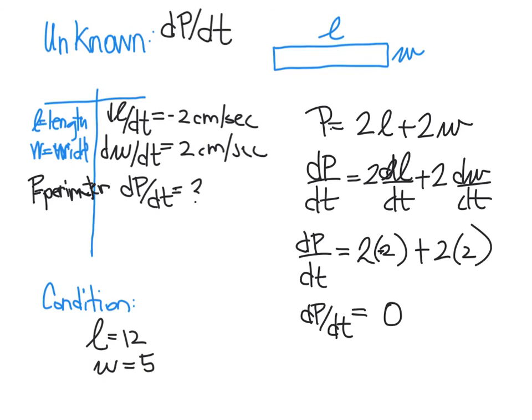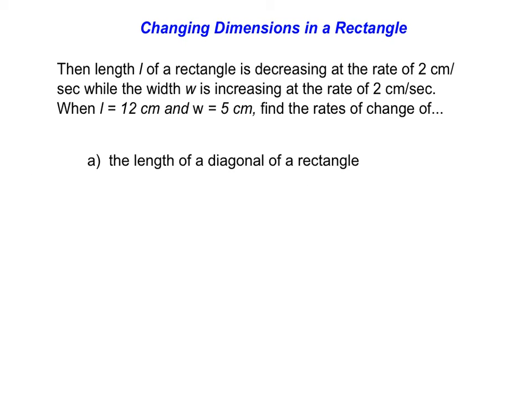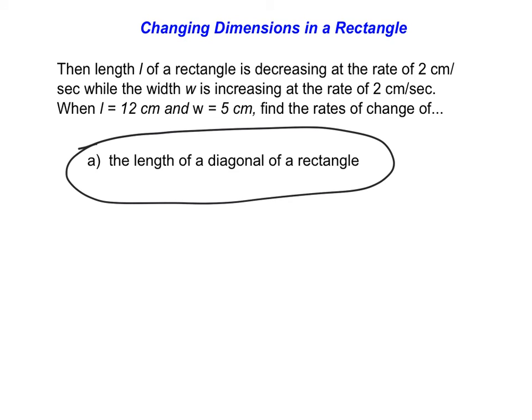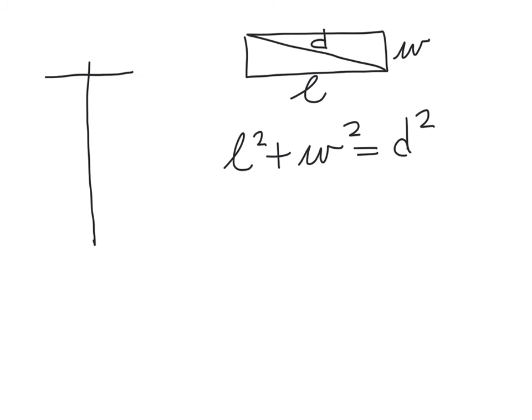Okay, moving right along, last scenario. So you can see in this problem now, you have to find the rate of change of the length of the diagonal. Stop the video and then check your answer. Okay, so I didn't rewrite everything because we know the facts are still the same. The only thing that changes really is our formula because we want to use the Pythagorean Theorem.